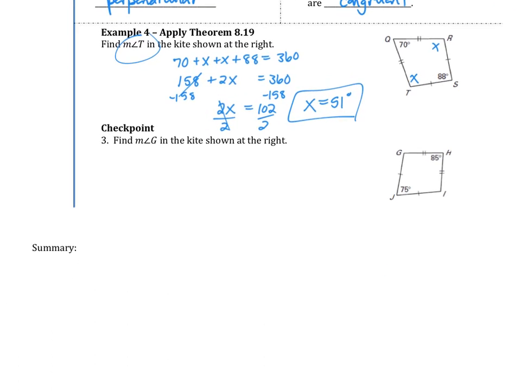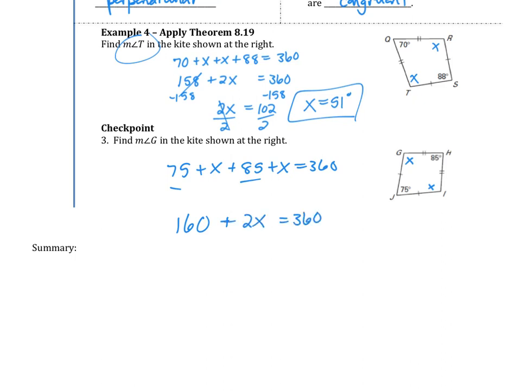And then the checkpoint, it's going to be the same thing. We have 1 pair of congruent angles, so it's got to be angle G and angle I. So we'll call those x. So now we have 75 plus x plus 85 plus x equals 360. 75 plus 85 is 160. X plus x is 2x.